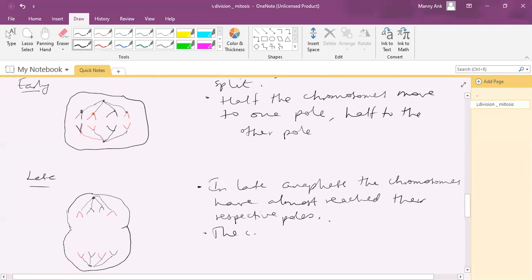Then the cell membrane begins to pinch at the center.